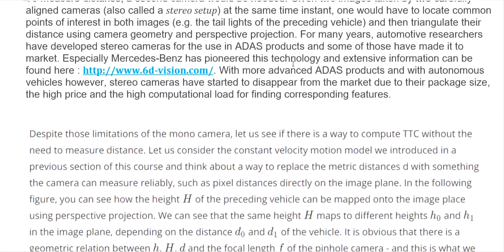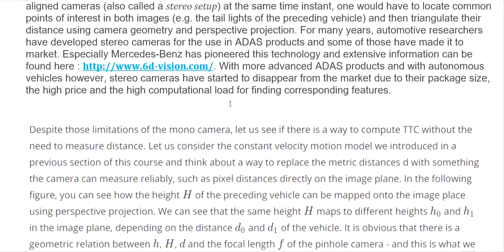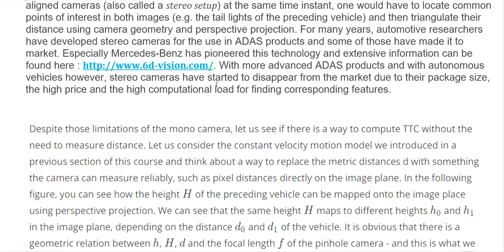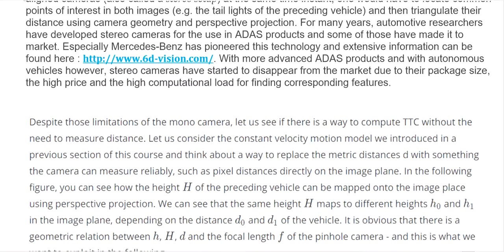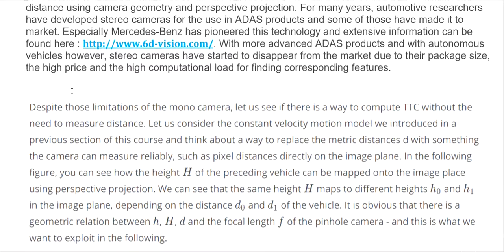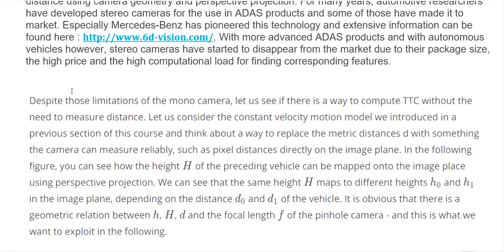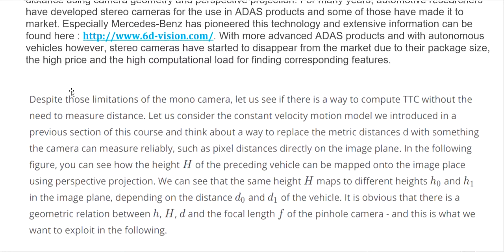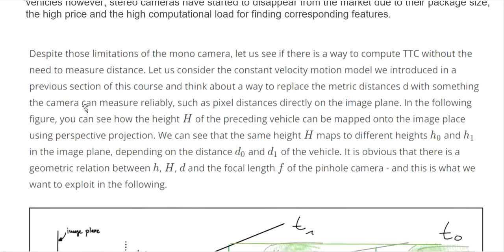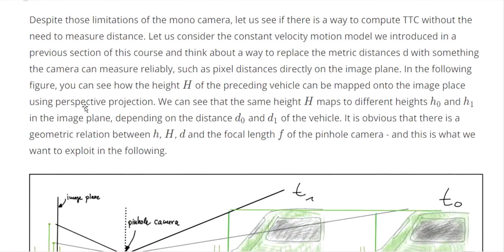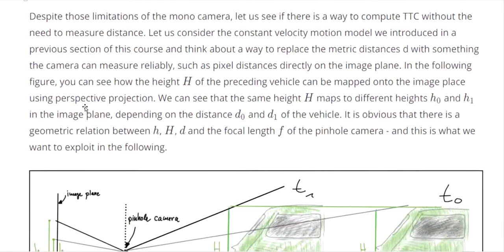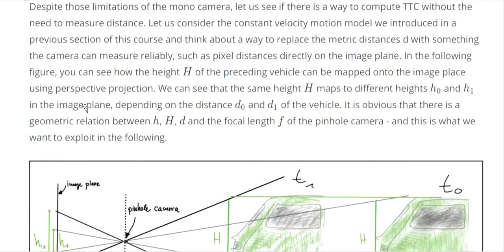With more advanced driver assistance products, stereo cameras have started to disappear from the market due to the package size, the high price and the high computational load for finding corresponding features. So despite the limitations of the mono camera, let's see if there is a way to compute time to collision without needing to measure distance.